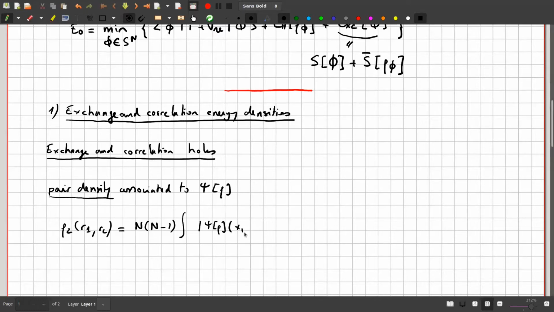It depends on spin and space coordinates x1, x2, up to xN. And you integrate over the spin coordinate of the first electron, the spin coordinate of the second electron, and then all the coordinates of the third electron until the last one.